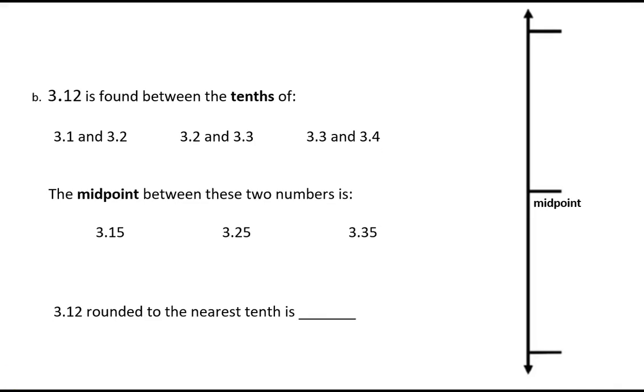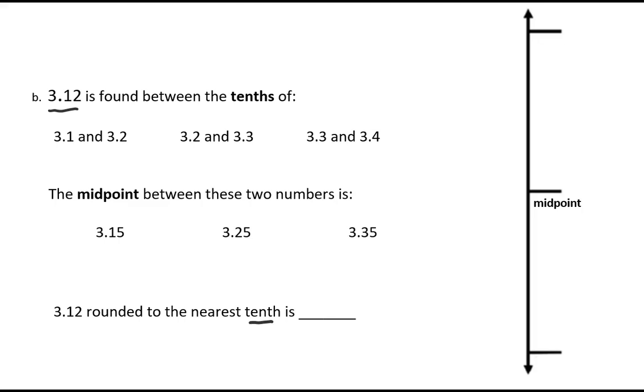This time we're going to round the number 3 12/100 to the nearest tenth. The first part of the question asks 3 12/100 is found between the tenths of 3 1/10 and 3 2/10, 3 2/10 and 3 3/10, or 3 3/10 and 3 4/10.